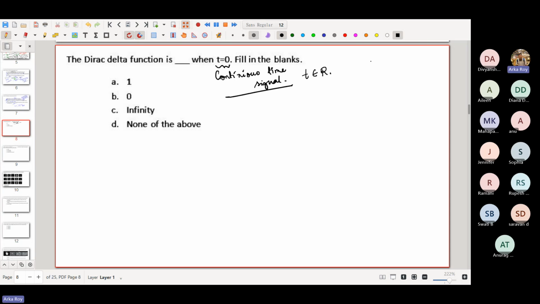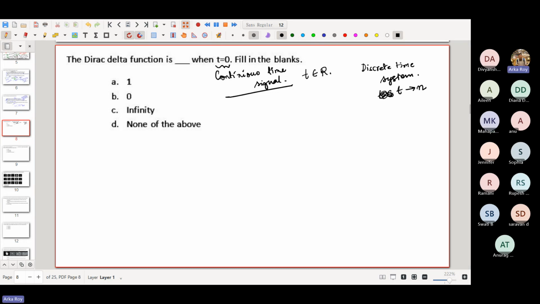There is another convention that is called the discrete time system, where the time axis is basically replaced by n.